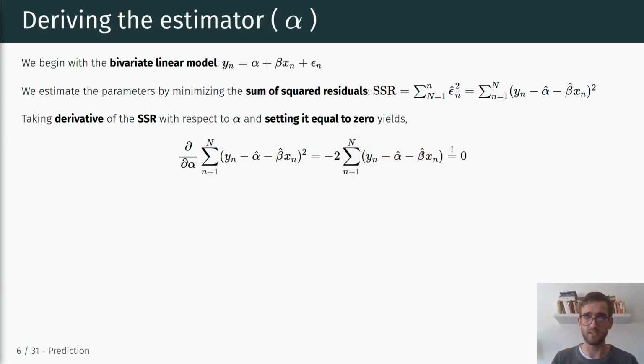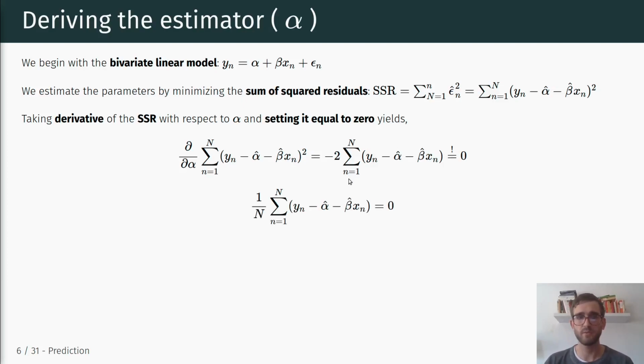So this is basically just the chain rule: the outer function is squared, so this becomes 2 times the function, and we have to add this minus because the inner function, if we take the derivative with respect to alpha, is just -1, so -2 times this remaining term. And we set this equal to 0 in order to find a minimum for this function, okay?